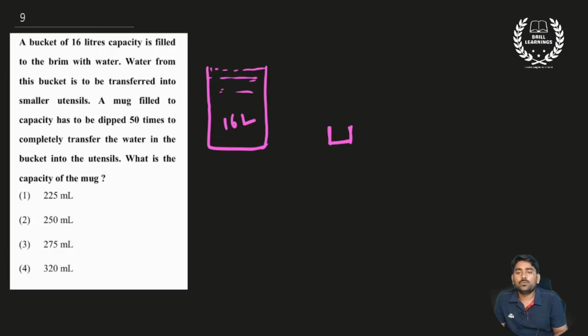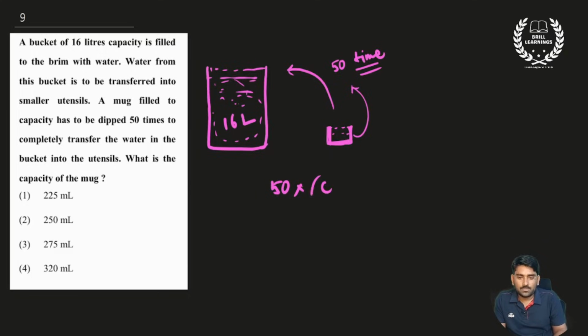But in order to empty this bigger bucket completely with the help of this smaller jar, it has to be dipped 50 times. How many times? 50 times. That means 50 times the capacity of this smaller mug is equal to 16 liters, right?